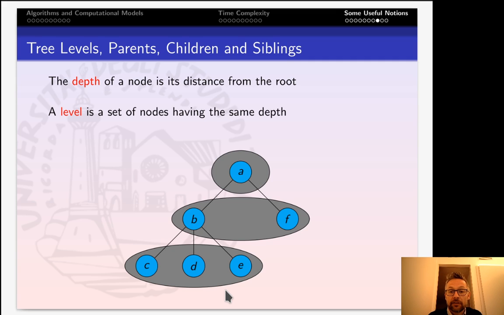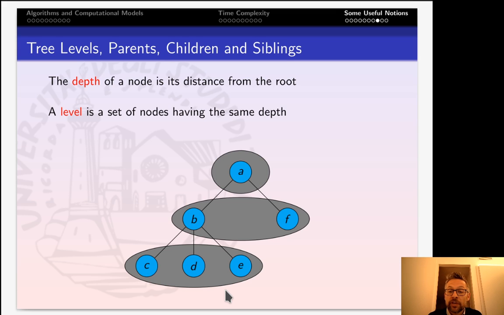As I said before, by using this notion of depth, we can identify levels. So what's a level? A level in the tree is the set of nodes having the same depth. So in this case, A is the level of depth 0, the set containing B and F is the level of depth 1, the set containing C, D, and E is the level having depth 2, and so on and so forth.